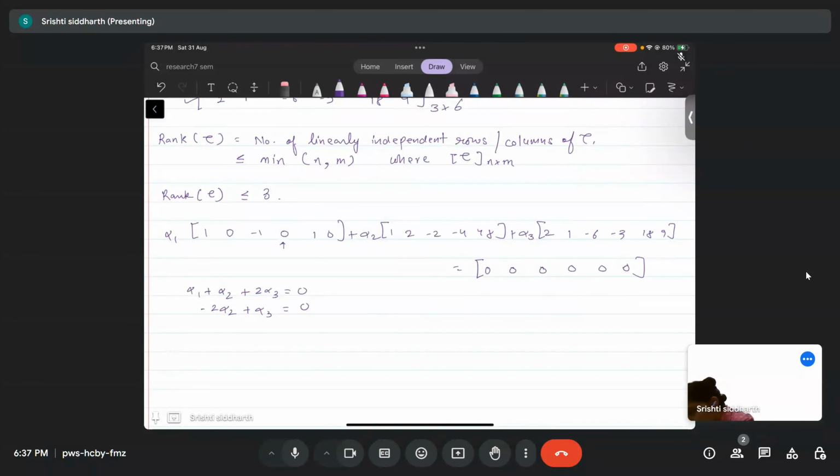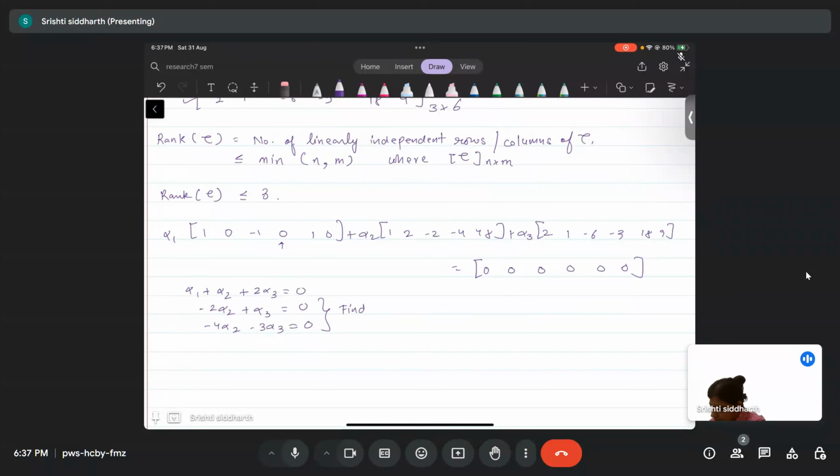The fourth one: minus 4 alpha 2 minus 3 alpha 3 equals 0. Okay, so these are distinct equations. You can find out what alpha 2 and alpha 3 are. Then substitute those here to find out what alpha 1 is.